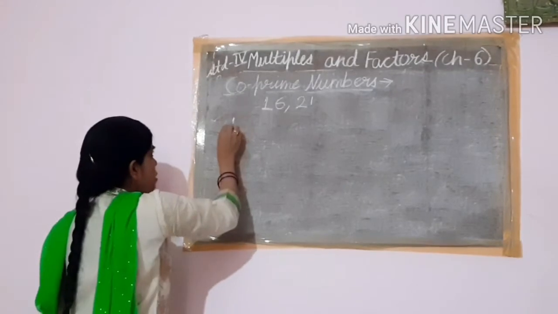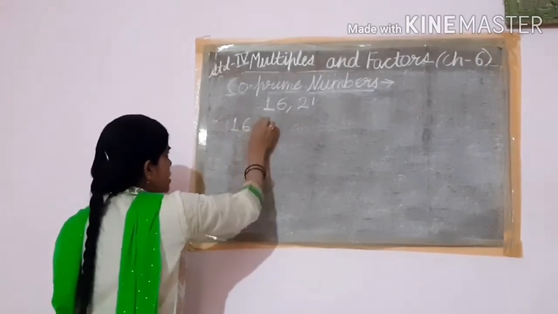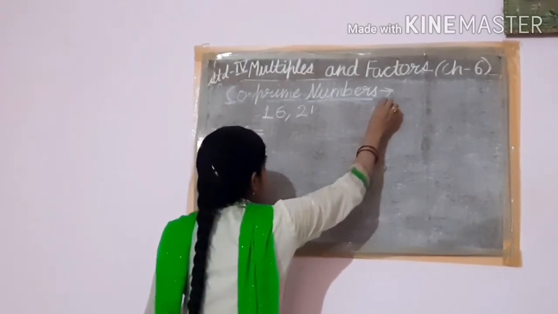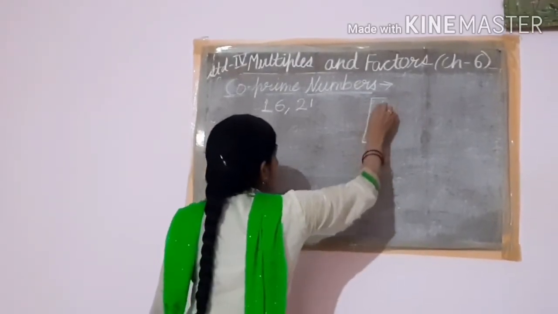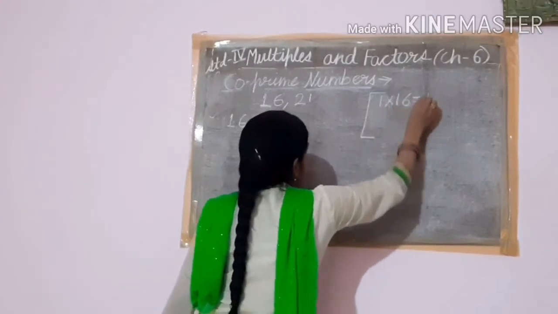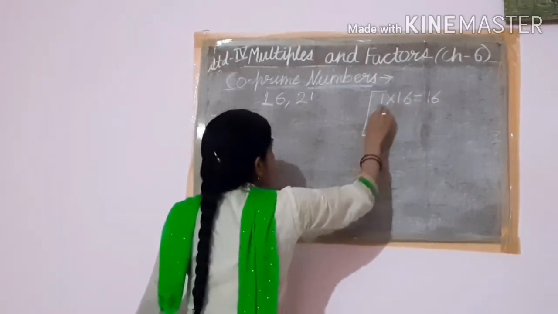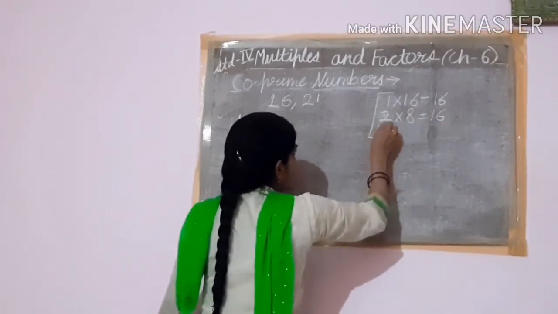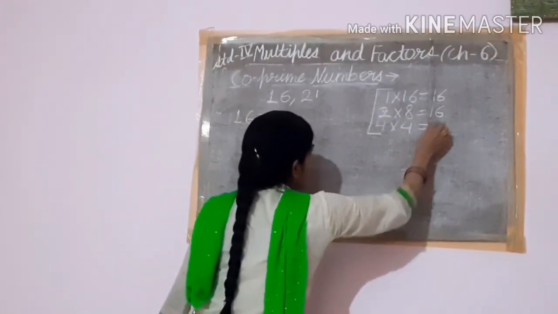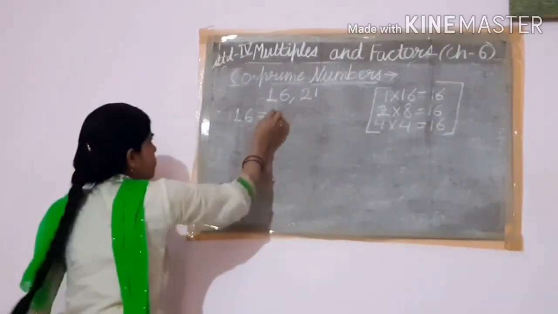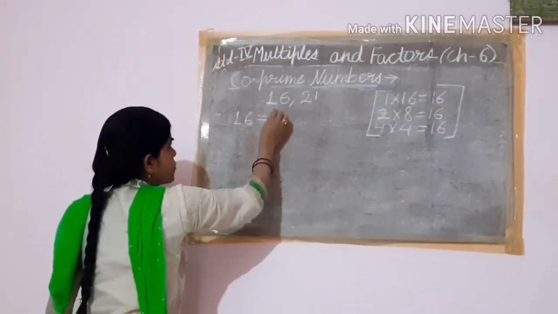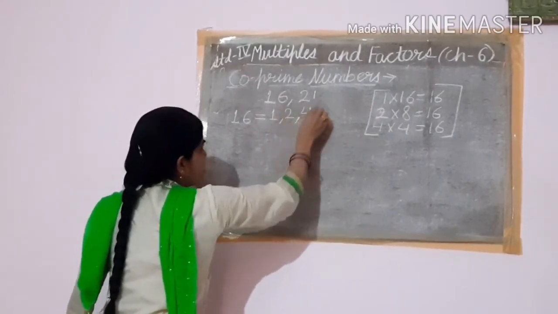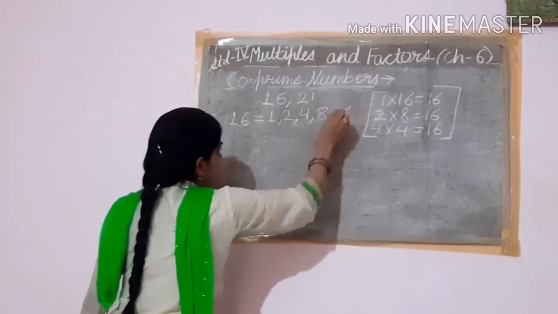First find out the factors of these two numbers. Factors of 16: 1 16s are 16, then 2 8s are 16, 4 4s are 16. So factors of 16 are 1, 2, 4, 8 and 16.